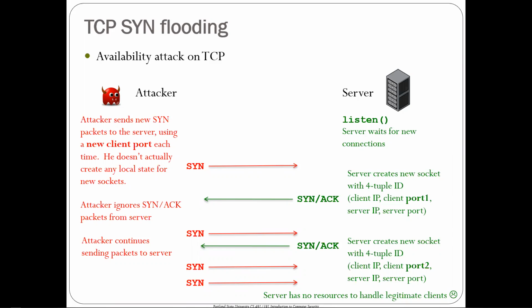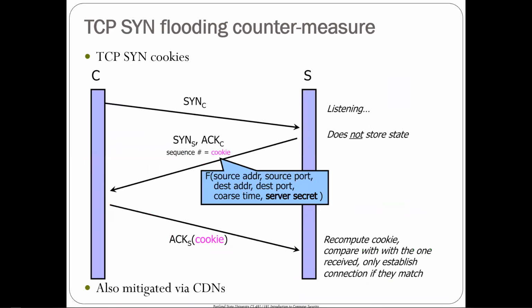Okay. So there is a countermeasure, and this countermeasure is basically allowing the server to keep constant state. These are called SYN cookies. When a client comes with a SYN packet that the server is listening on, the server is not going to store any state.